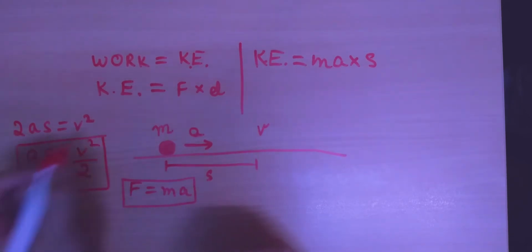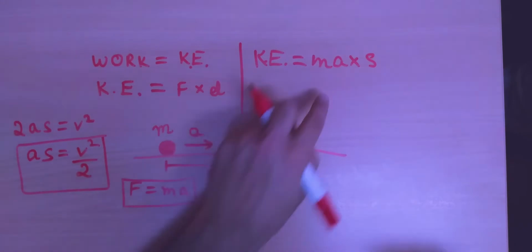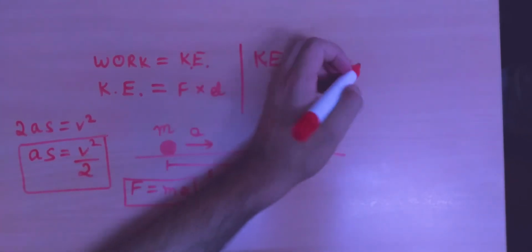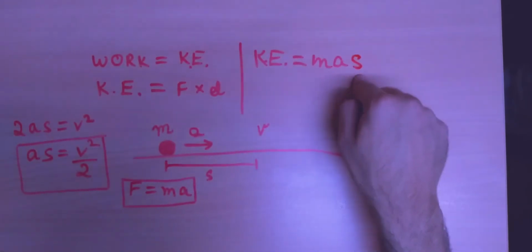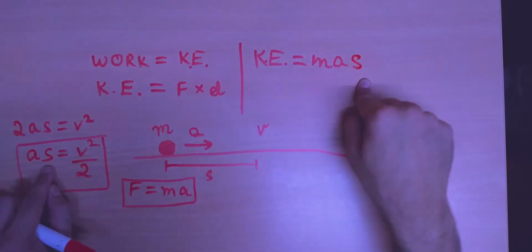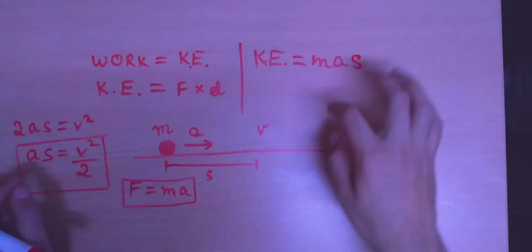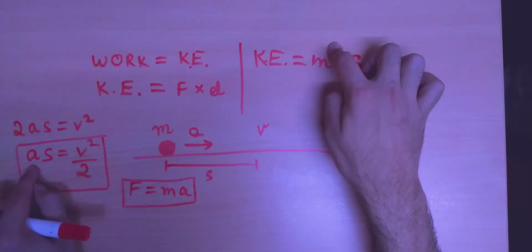Now we can use this equation and substitute the value. So in essence we had kinetic energy equals m into a into s, mass into acceleration into distance, and we know that acceleration into distance, or as, equals v square by 2. So we can substitute this value instead of as, because as equals this thing.